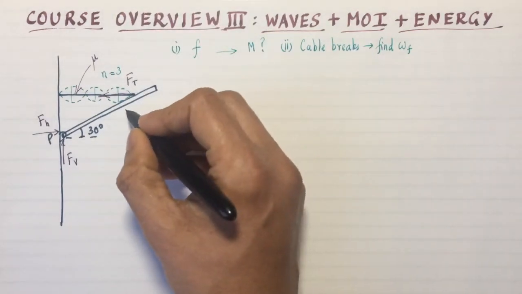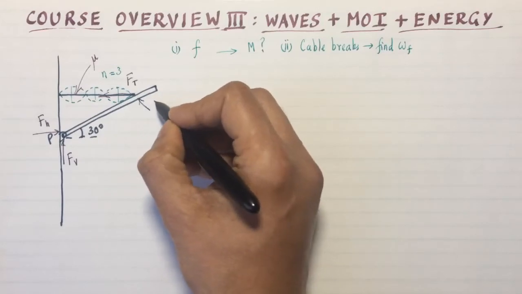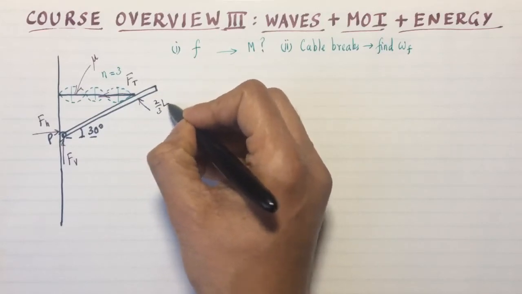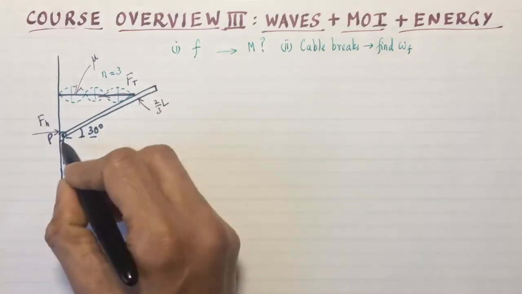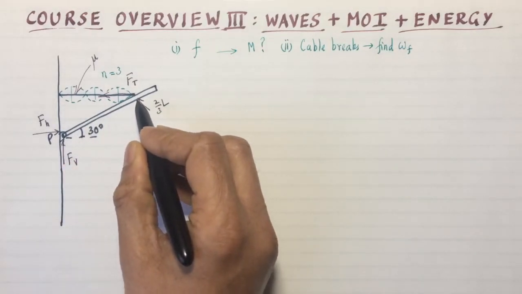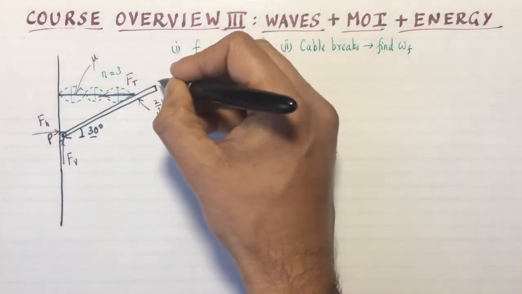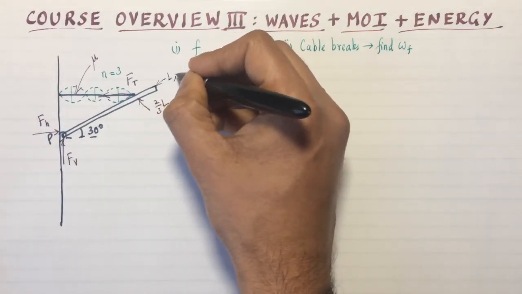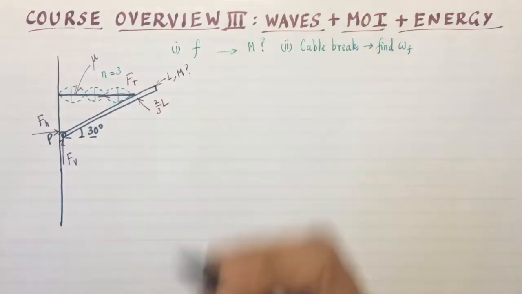And you're also given the attachment point to be 2/3 of the length. So you start from here and go 2/3 of the length of the flagpole out, and that's where the cable is attached. The length of the flagpole is L, and the mass of the flagpole, of course, we need to find out.